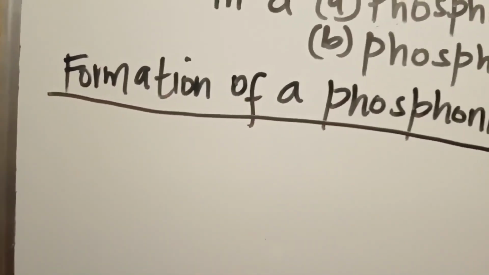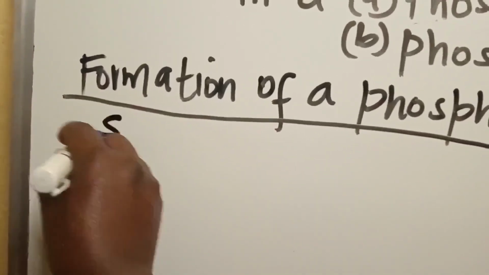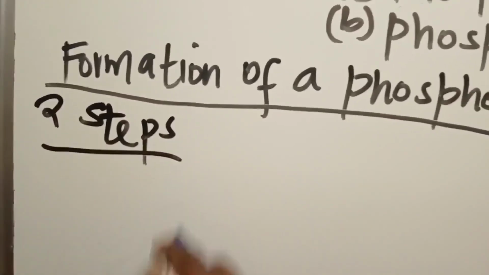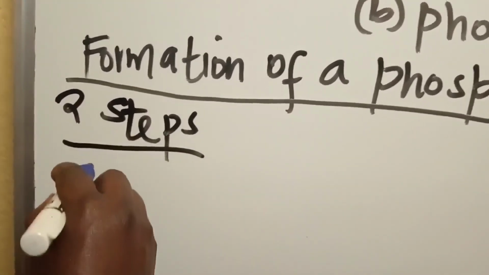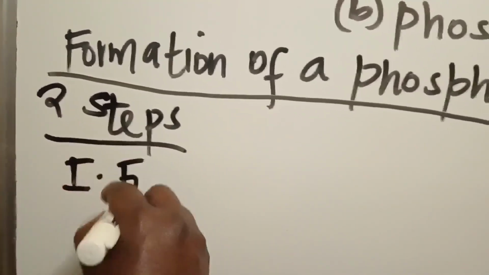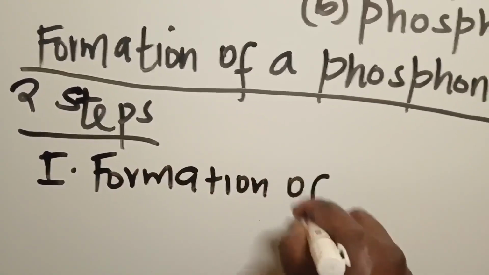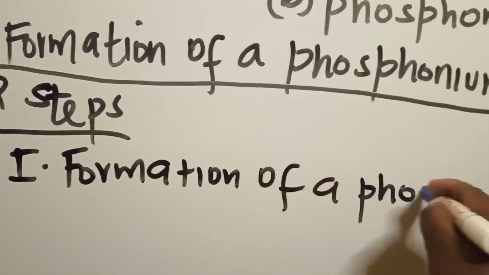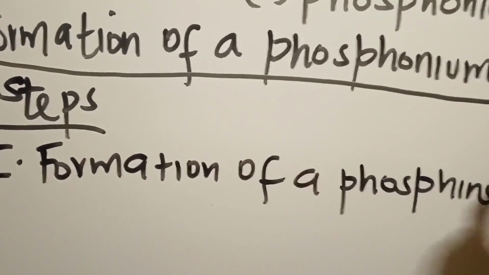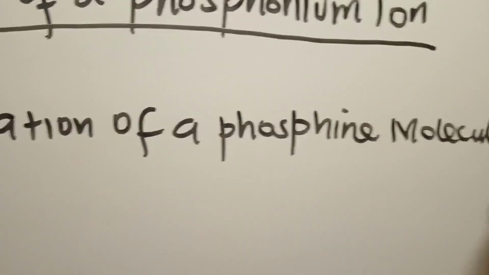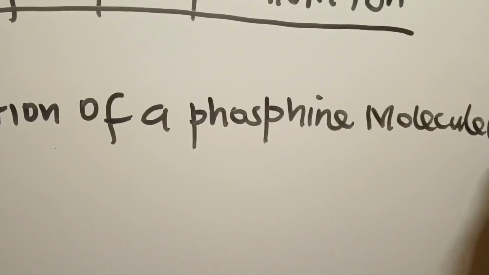We will first of all write the steps that are followed. We have two major steps. First of all, the formation of a phosphine molecule, which is the PH3.